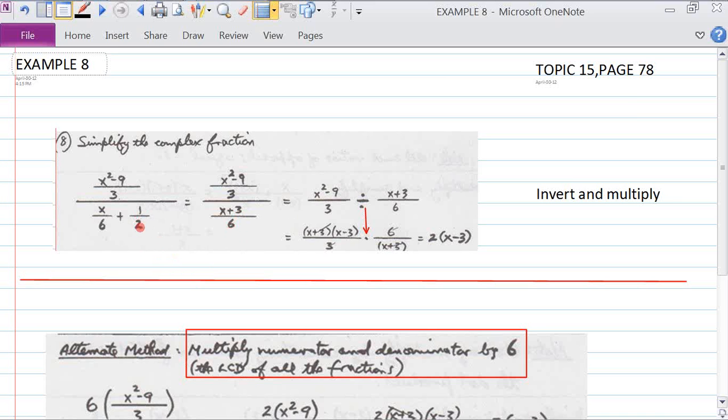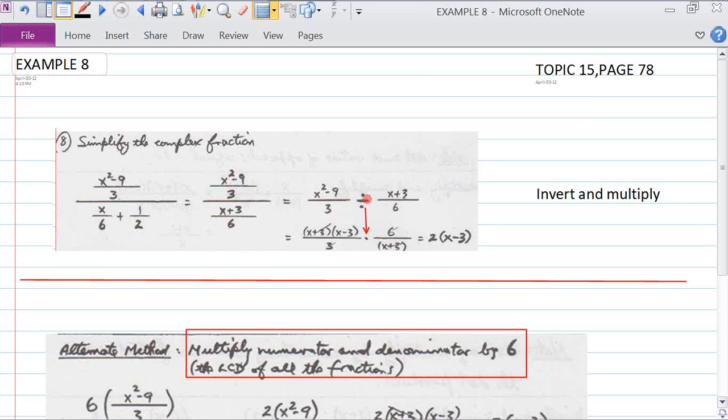So if you want, one of the things you could do is multiply this by 3 and this by 3, and you get 3 over 6. Now you have x plus 3 over here. Now the numerator you keep as it is.